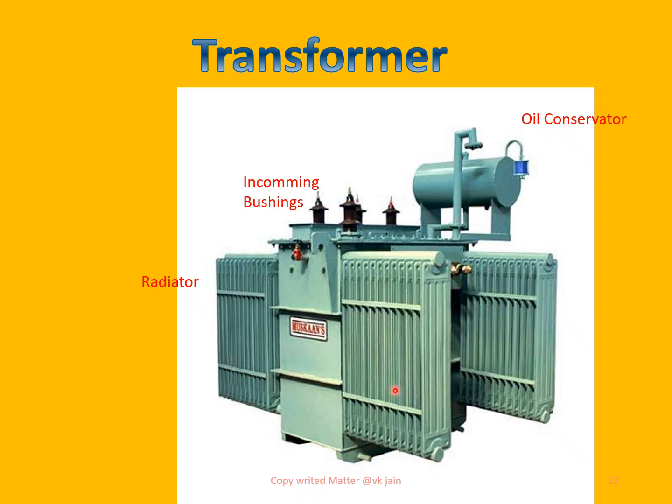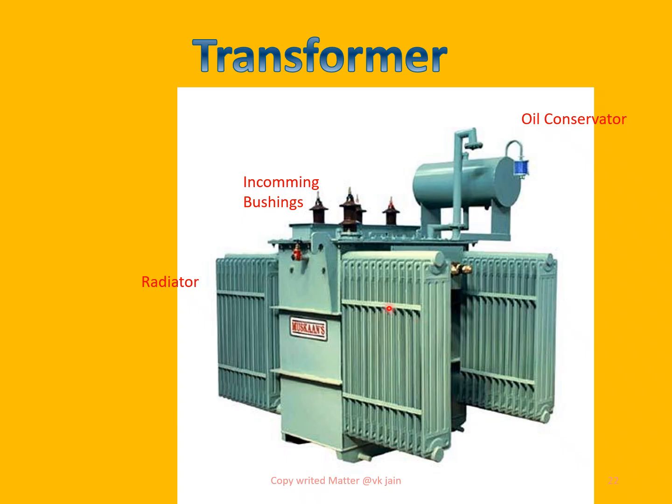These are cooled through radiators. So these are three radiators. The winding here will be in three phases, 1, 2, and 3, and each phase is cooled through a radiator in which the oil gets circulated.